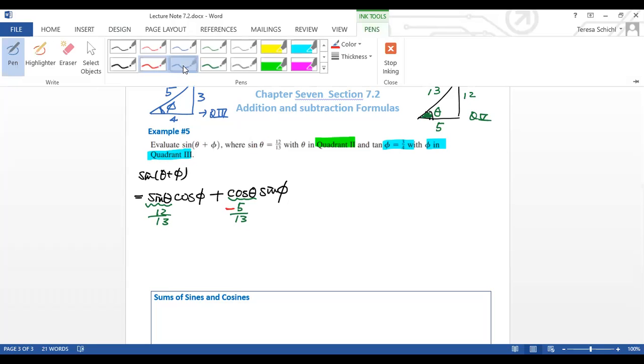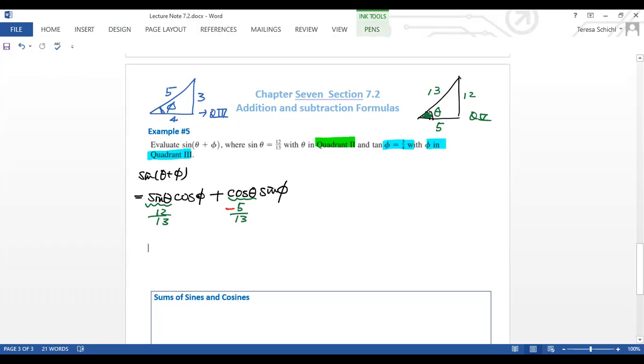And now I'm looking at the angle phi here. Cosine phi, cosine is adjacent over hypotenuse, right? Because phi is in the third quadrant, what happens to the cosine value? It has to be negative.